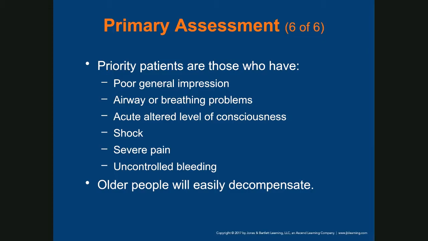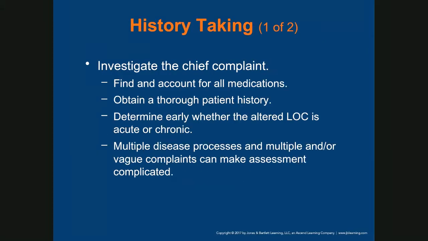Now, after the primary assessment phase, next comes the history taking. So you're going to investigate the chief complaint, find and account for all medications. Do not write a bag of medications on your run sheet. Obtain a thorough patient history.